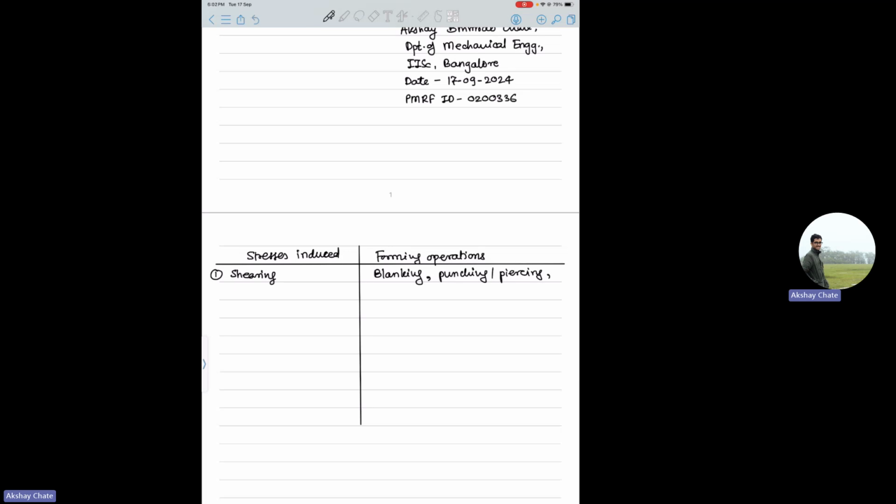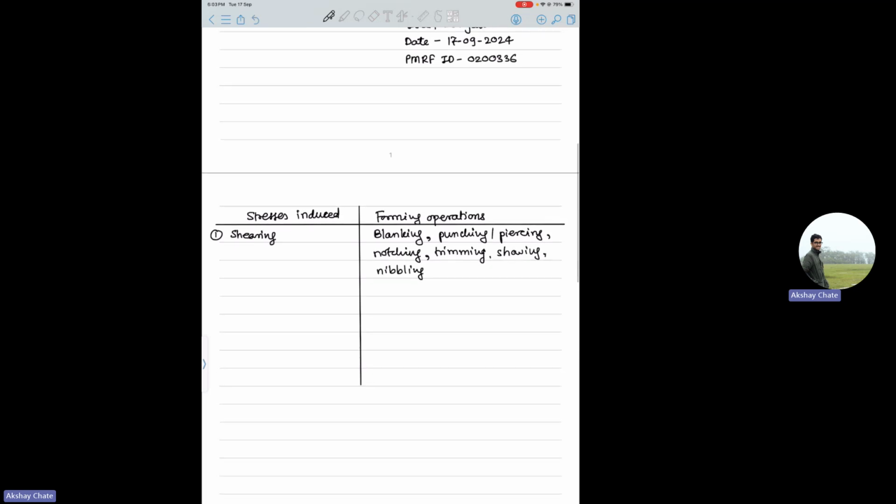Then you'll have notching, and trimming. There are some other processes called shaving and nibbling. They also come under this category. So these are various metal forming processes where you have shearing stresses.